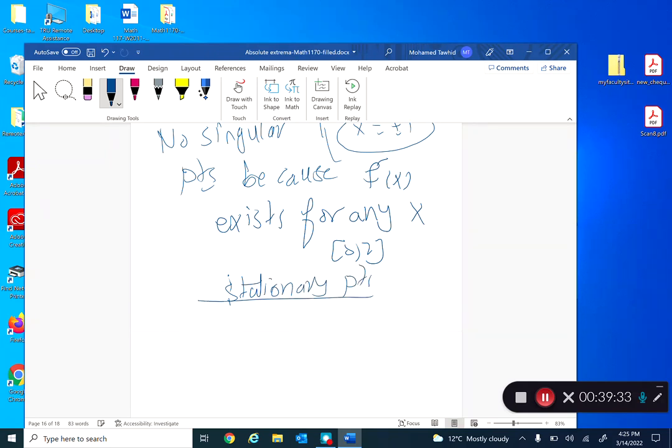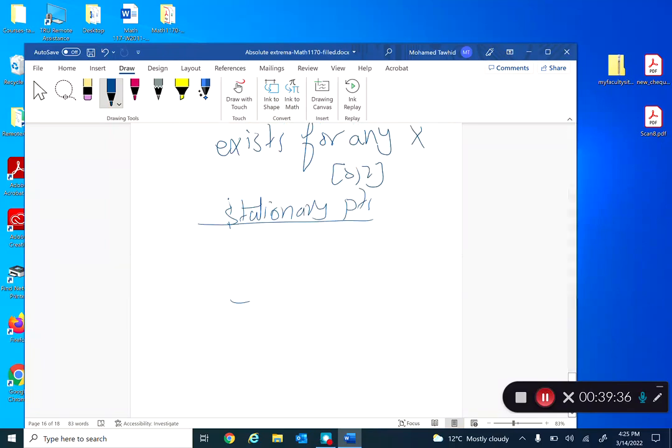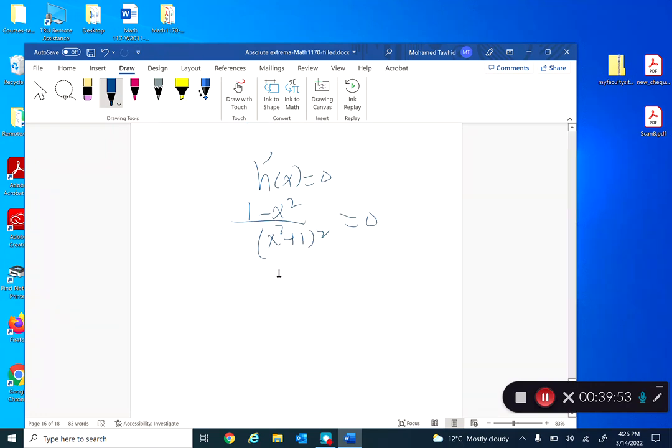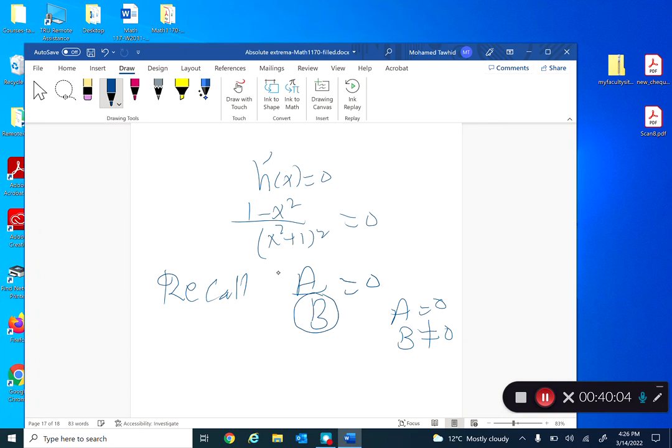In order to have a stationary point, your derivative h prime should be 0, right? What is h prime? It is 1 minus x squared over x squared plus 1 squared, and that is equal to 0. Recall, if you have a over b equals 0, then a must be 0 and b cannot be 0, because we cannot divide by 0.